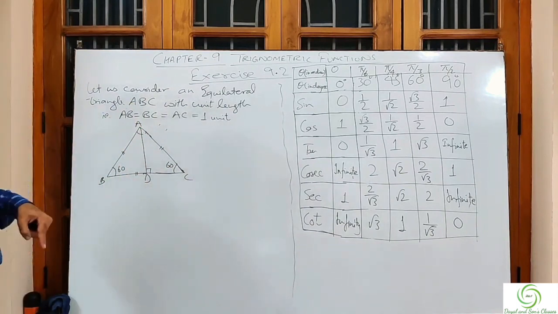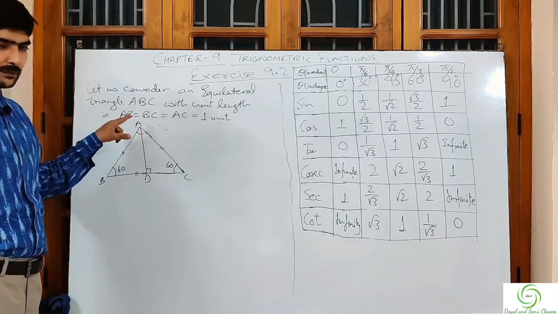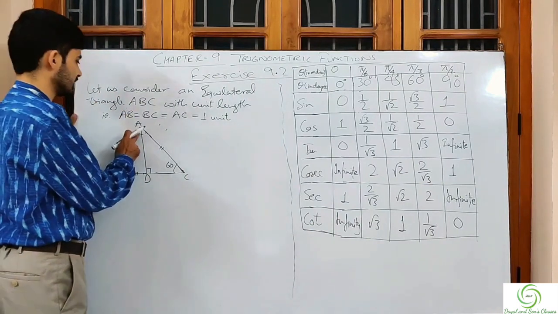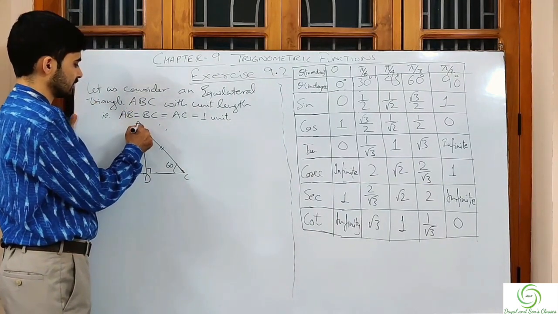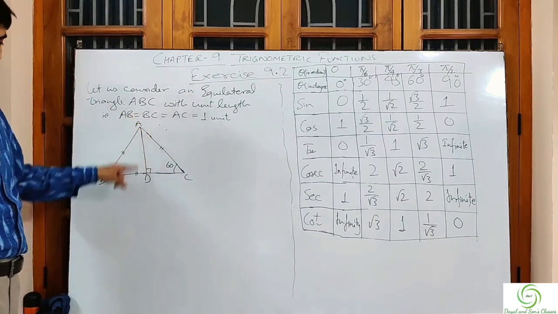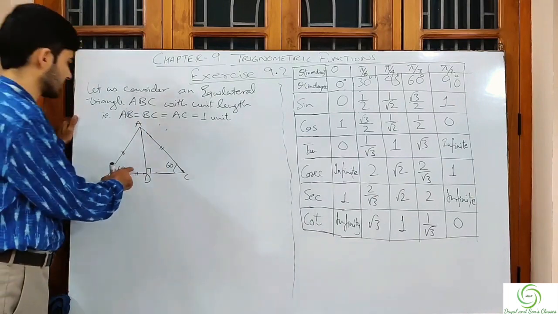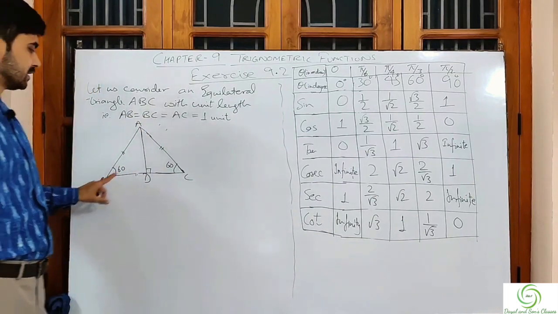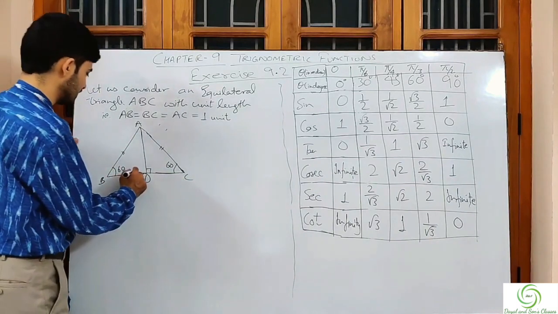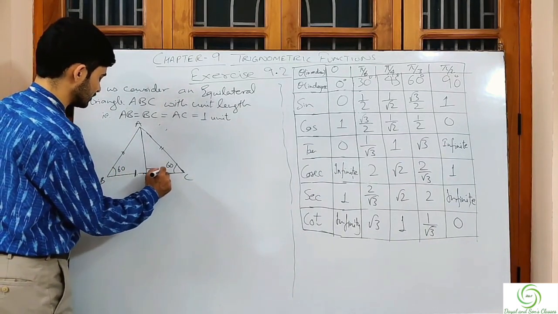Now, in an equilateral triangle, when a perpendicular is drawn from a vertex to the opposite side, what happens? That perpendicular cuts the side into two equal parts. That is, this length will be equal to this length.